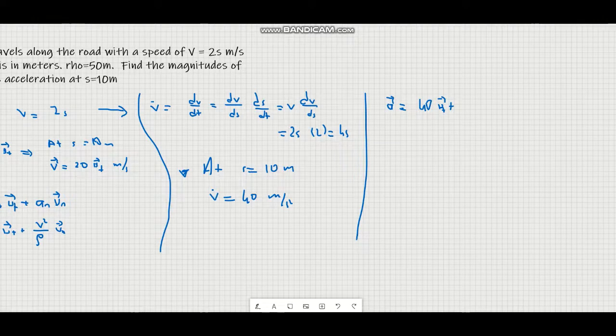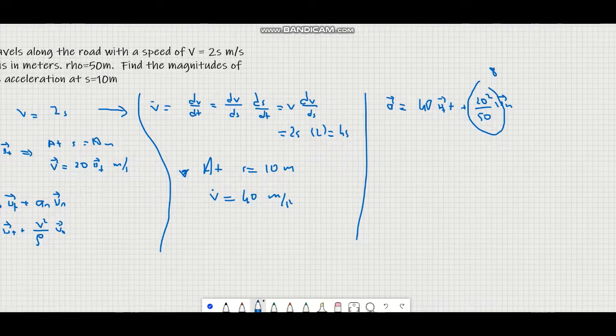We just need to plug in: 20 square, which is 400, over 50, which is the radius of curvature, in the normal direction. 400 over 50 is going to be 8 meter per second square.